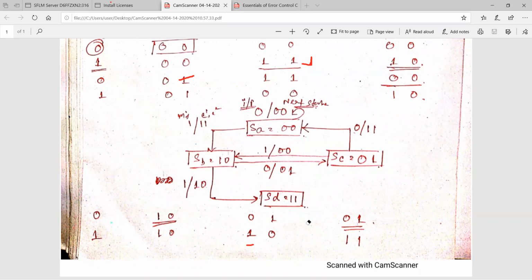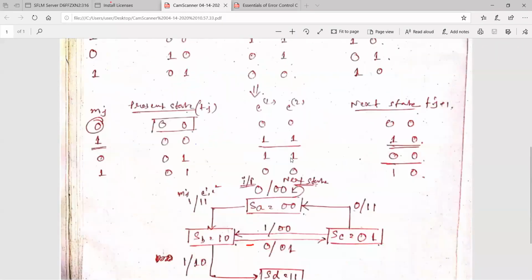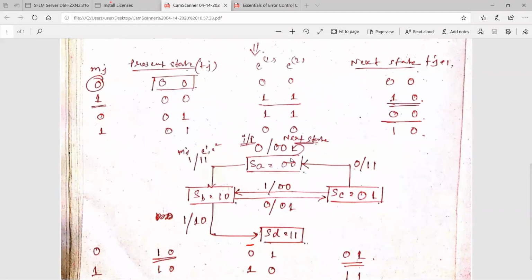So now, how to make it? This is easy because you have already studied in your digital class, the same as this. First of all, we have to write all the possible combinations, that SA equals 0 0.